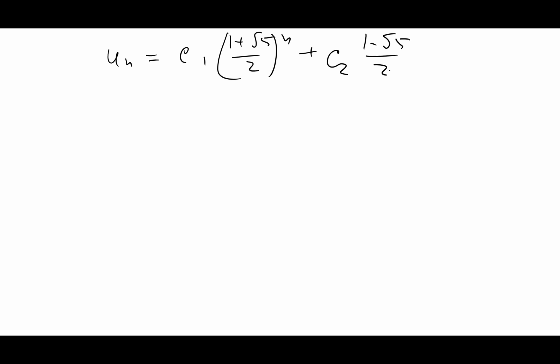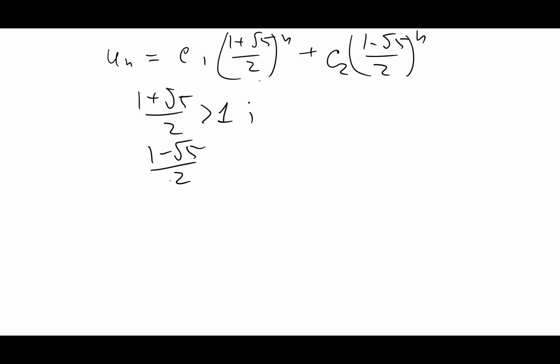Now, the next observation about this. So un is c1 times 1 plus square root of 5 over 2 to the power of n, that's lambda 1, plus c2 times 1 minus square root of 5 over 2 to the power of n. What is important is that 1 plus square root of 5 over 2 is more than 1, while 1 minus square root of 5 over 2 by absolute value is less than 1.